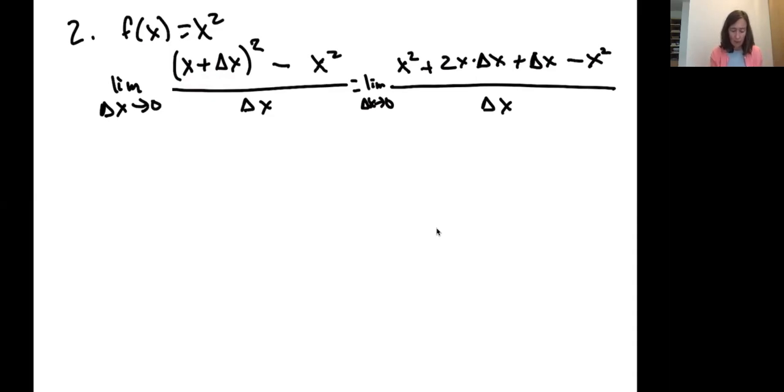Okay, so having done that, once again, I can cancel this x squared here with that, and I'm left with the limit as delta x goes to 0 of 2x delta x plus delta x squared, and I should have had a squared there.